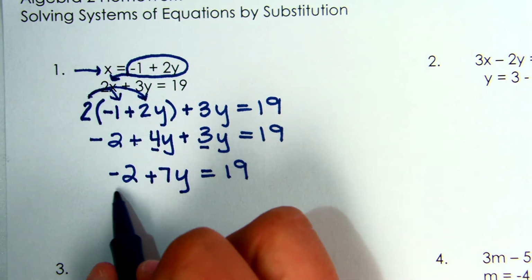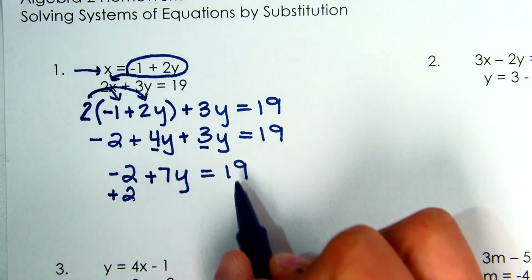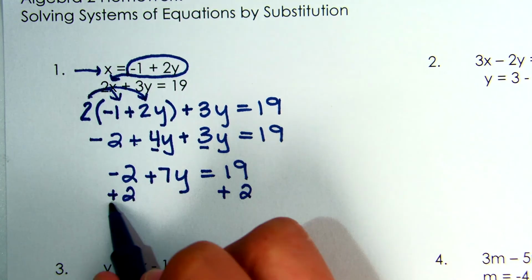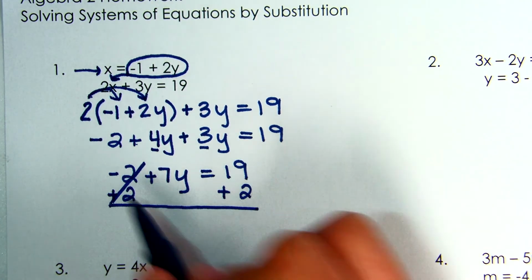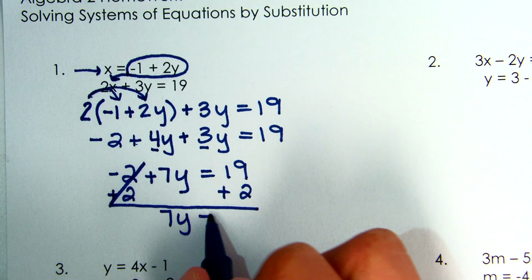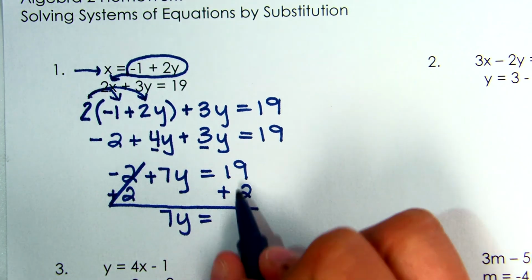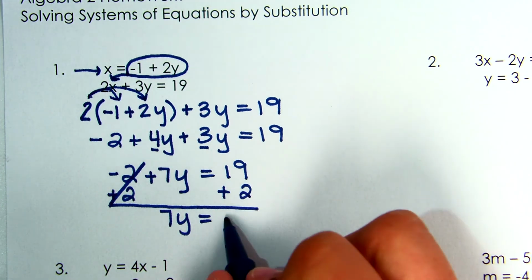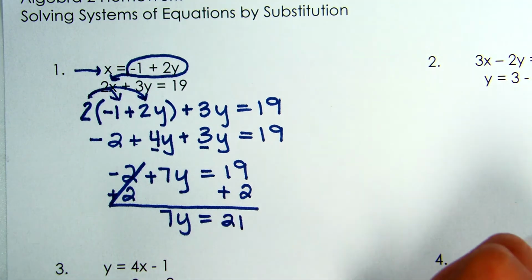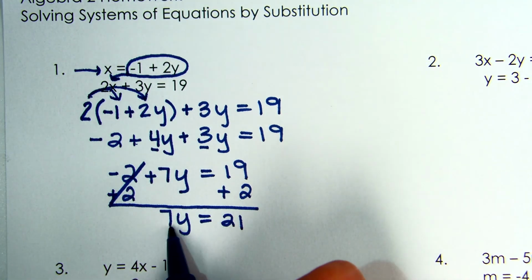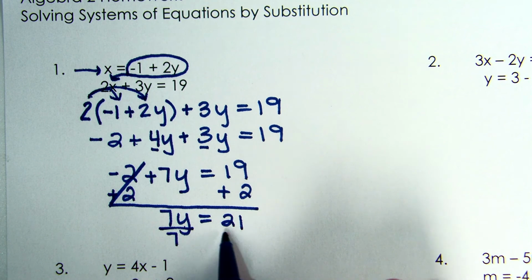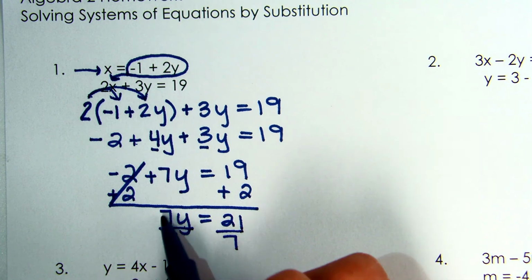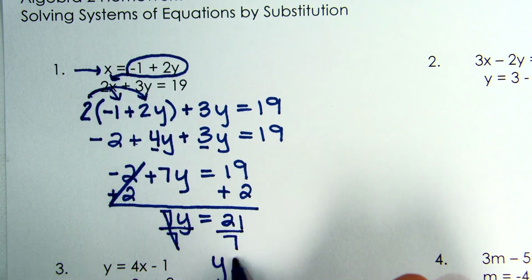So I'm going to do the opposite and add 2 to both sides of the equal sign. -2 and a +2 cancel, so 7y equals 19 plus 2 is 21. Finally, to get y alone, 7 times y, do the opposite and divide both sides by 7. So y equals 3.